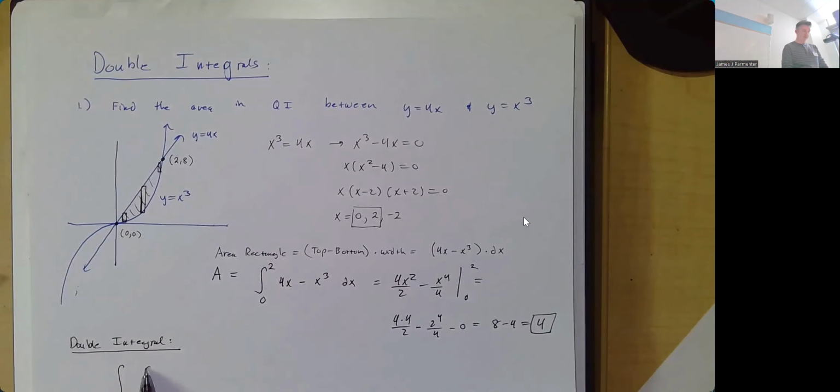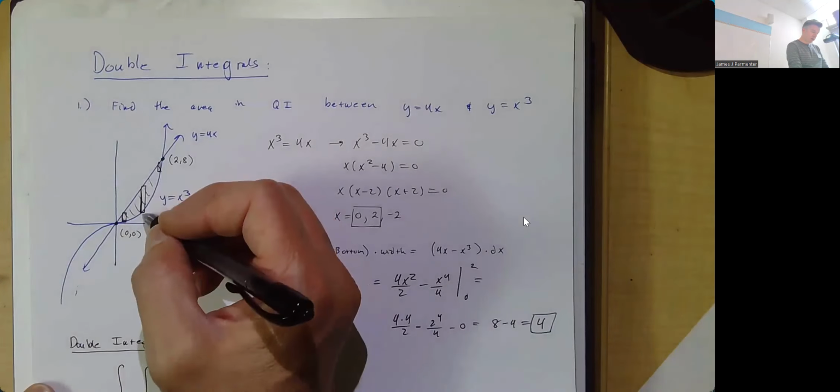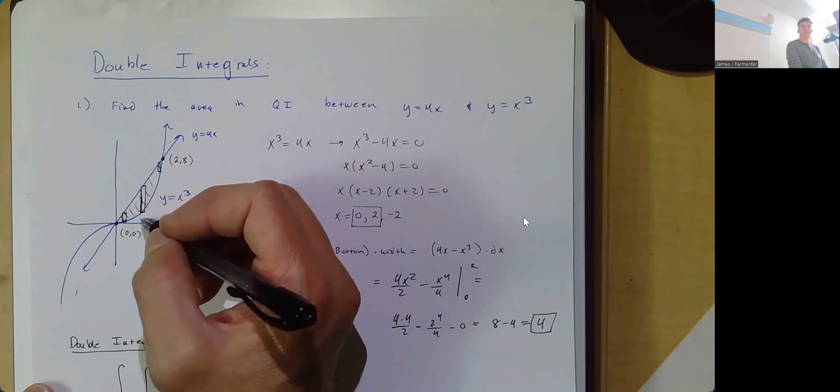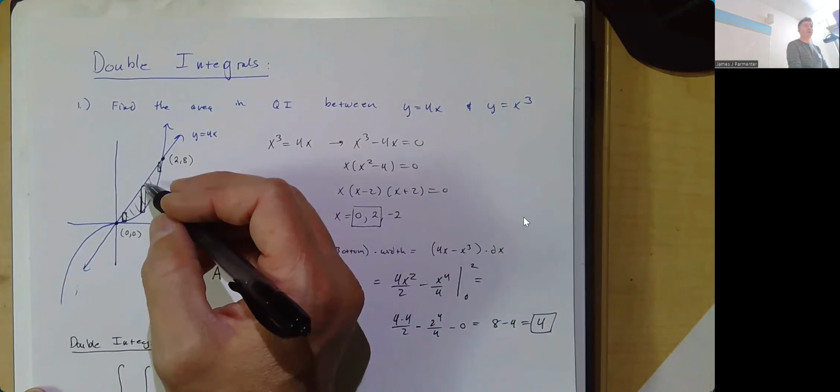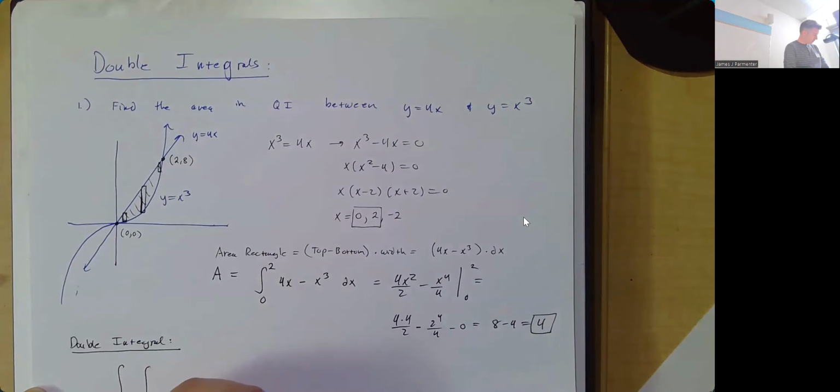And the upper limit of integration is going to be your top function. You're essentially looking at the top and bottom boundaries of this rectangle that we've drawn. So the inner limit of integration here, the lower limit is going to be y equals x cubed. And the upper limit is going to be y equal to 4x.